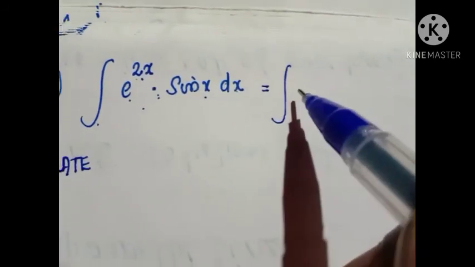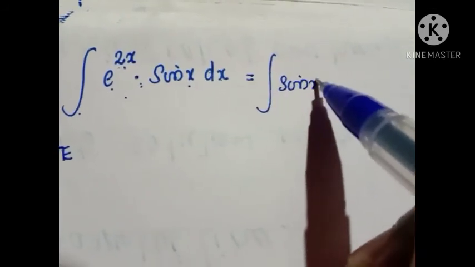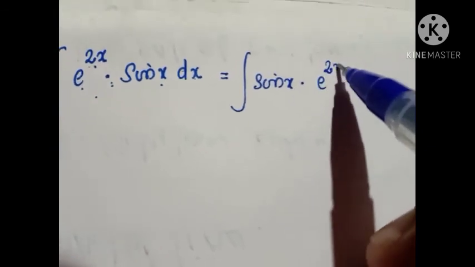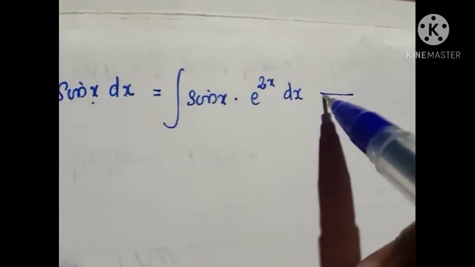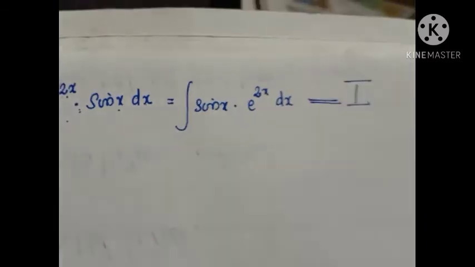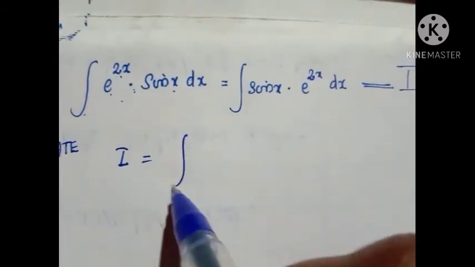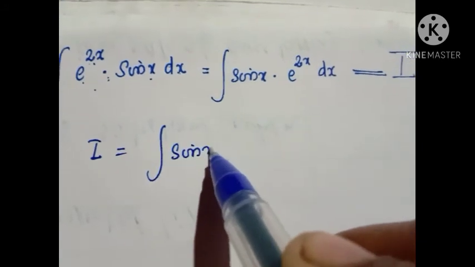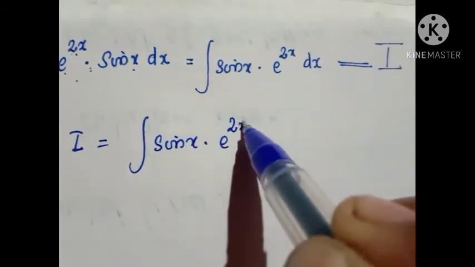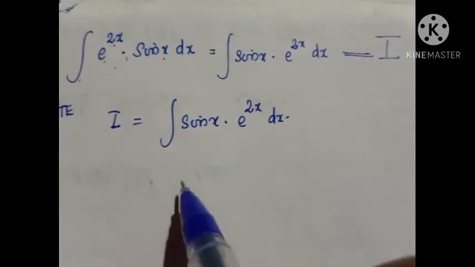So, this can be written as integral sin x into e raised to 2x dx. Let us take this integral as I. So, let's start. I equal to integral sin x into e raised to 2x dx.